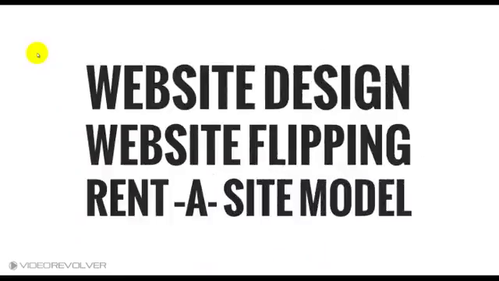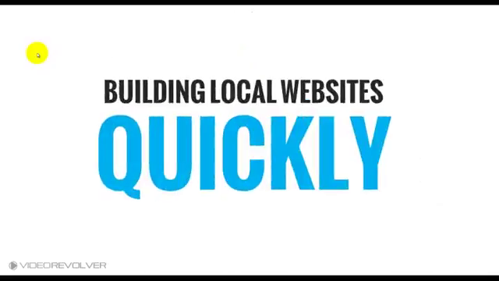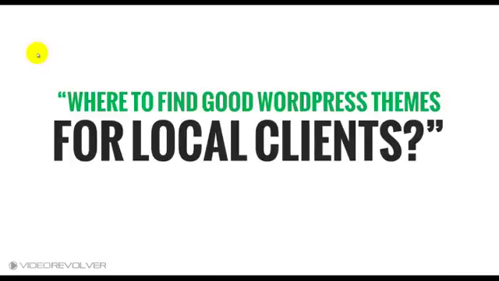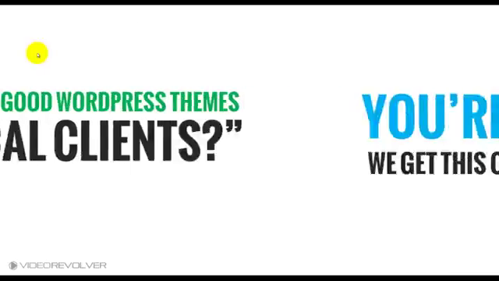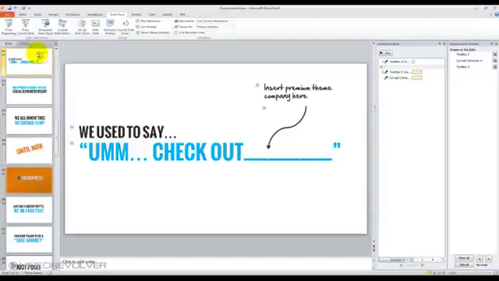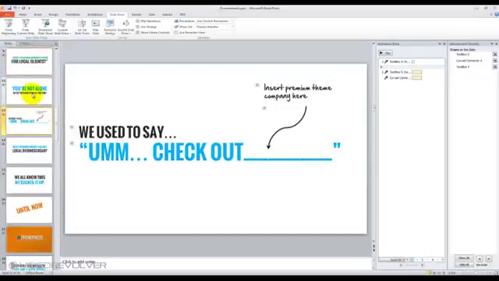Web design, website flipping, rent a site model. Okay. Building local websites quickly. Where to find good WordPress themes for local clients. You're not alone. We get this question all the time. And we've got a blank screen again. So we got to fix something after this slide. So we'll go up to you're not alone.